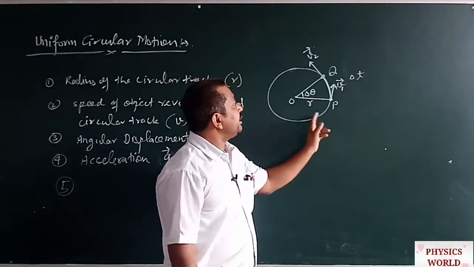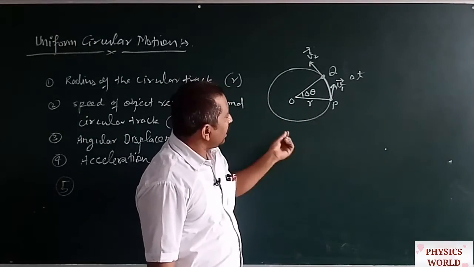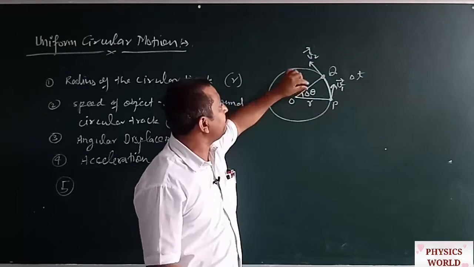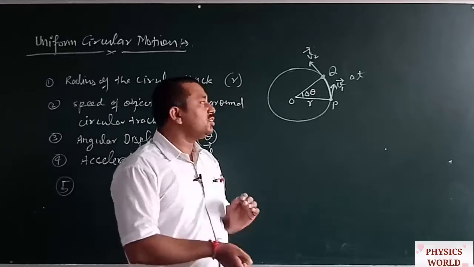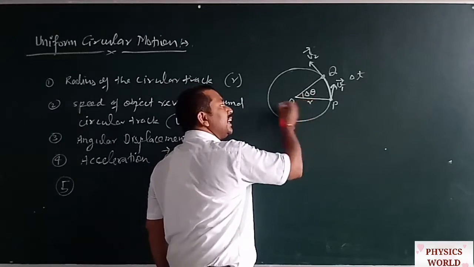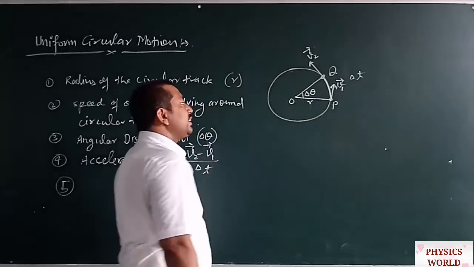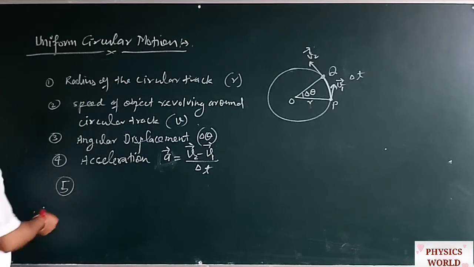if the object is revolving around the circular track, then the object must form some angle in a small interval of time. Then what will be the rate of change of the angle formed at the center? This rate of change of angle formed at the center must be assumed as the angular velocity of the object.